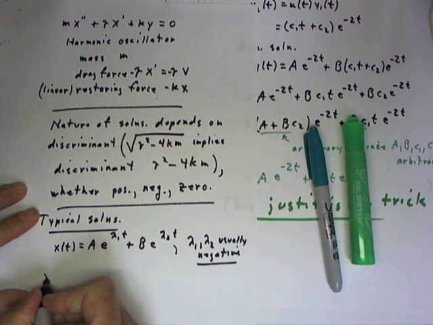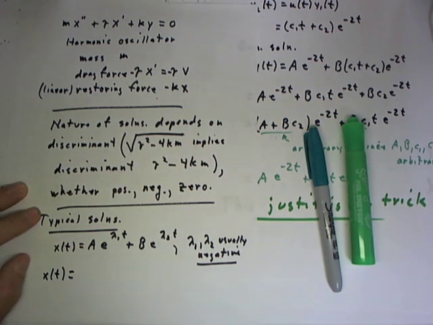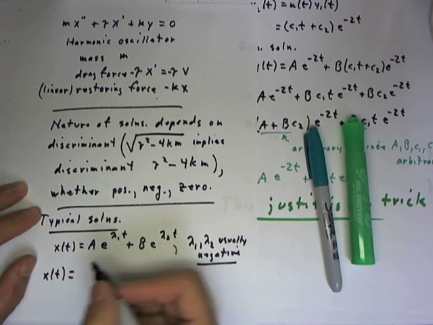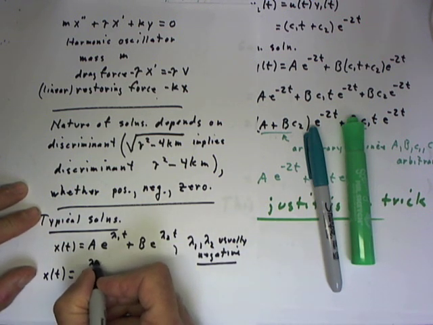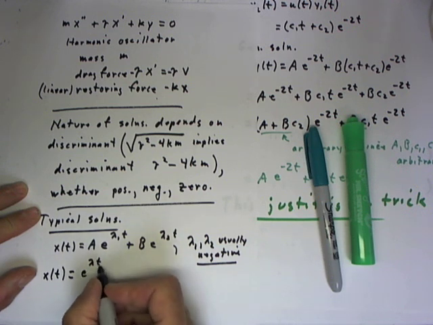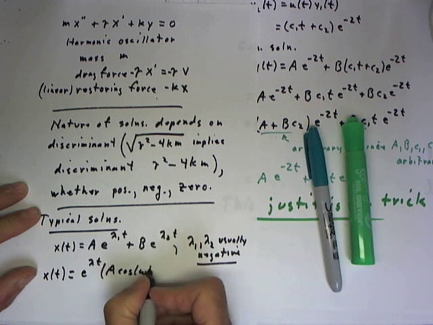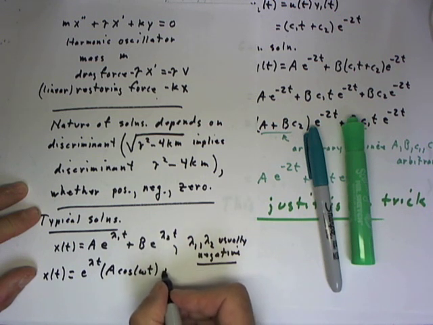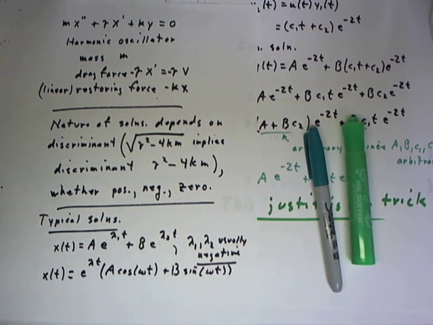Another solution, x of t, could have the form e to the lambda t times a cosine of omega t plus b sine of omega t. Things are a little crowded here, sorry for that.